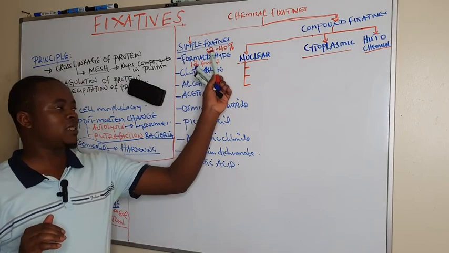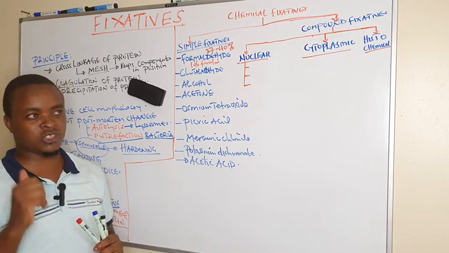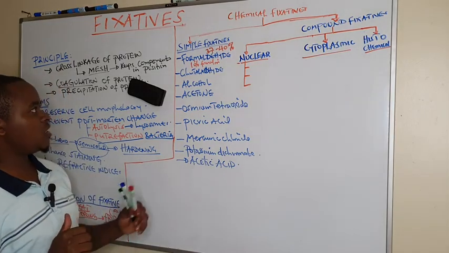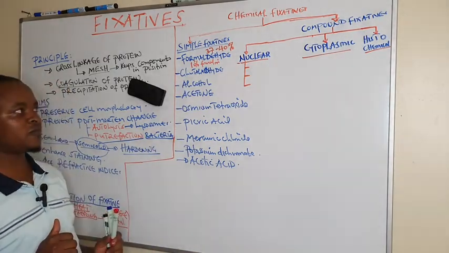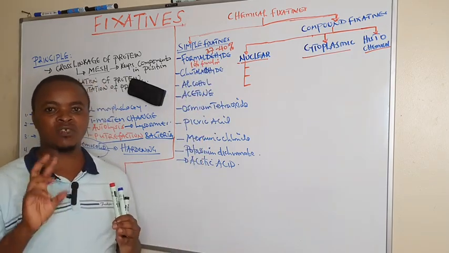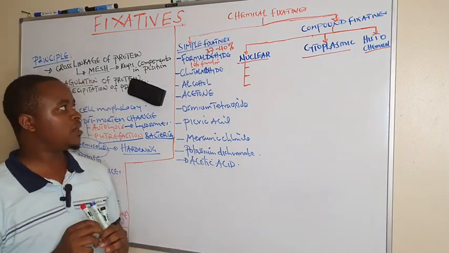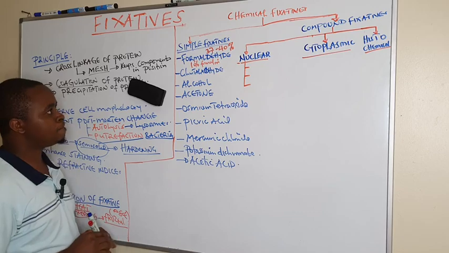When it is between 37 and 40, you use it as 100% original concentration to prepare 10% formalin, which is a simple fixative. This one is routinely used for preserving tissue components, but it does not preserve carbohydrates.